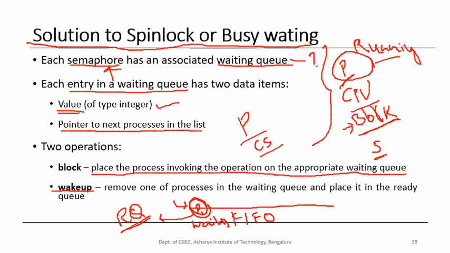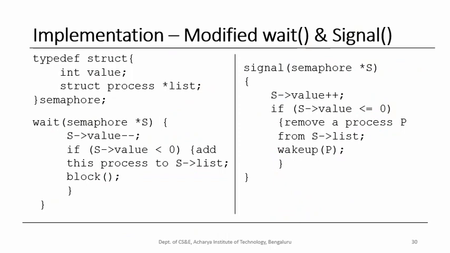Now let's see how this can be implemented by modifying the definitions that we had given to wait and signal operations. Okay, now look at the structure of the semaphore. Now the semaphore is not just an integer value.